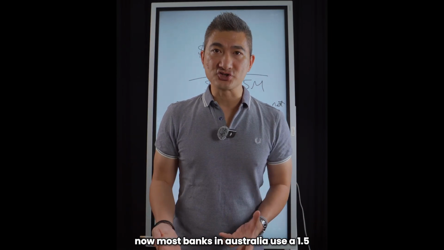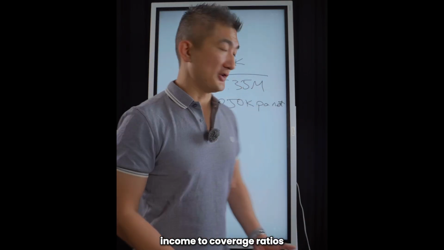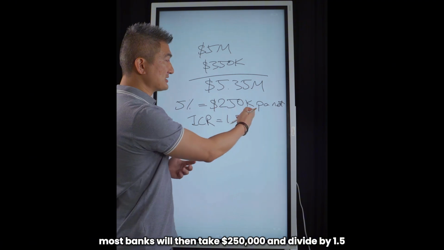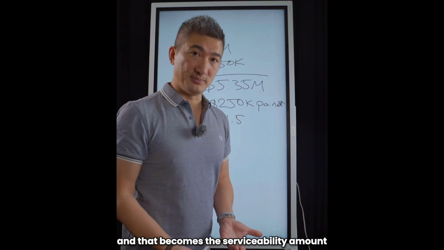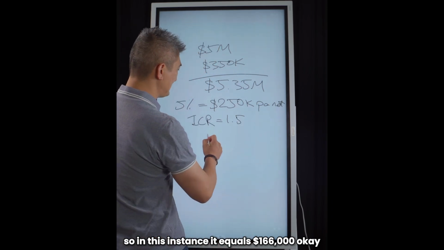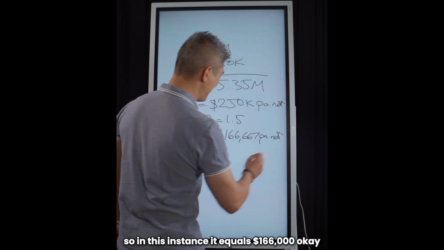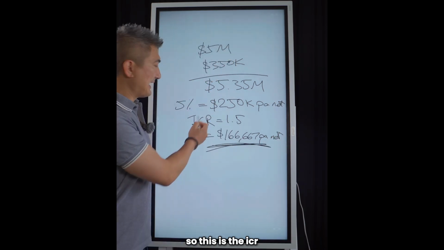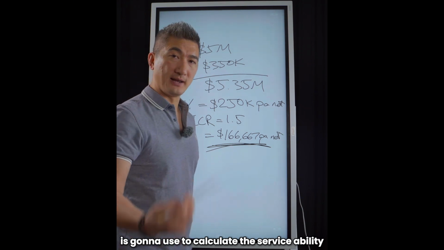Now, most banks in Australia use a 1.5 income coverage ratio. Most banks will then take 250,000 and divide by 1.5, and that becomes the serviceability amount. So in this instance, it equals $166,000.